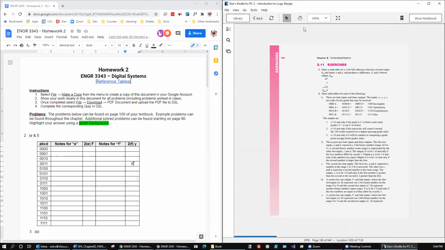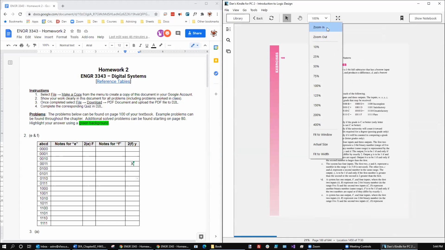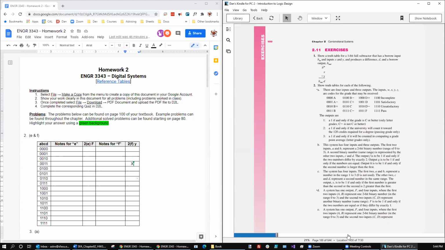It says a system has one output F, which is why I put a capital F right there. The problem that you're going to work, which is 2F, has an output Y, which is why I put a Y right there. It has 4 inputs, A, B, C, and D, and I got all possible combinations right over there.